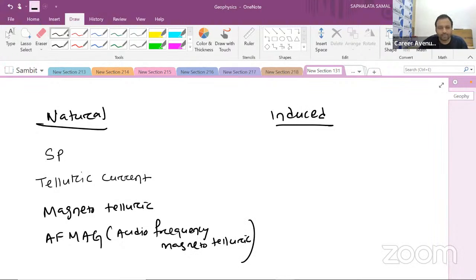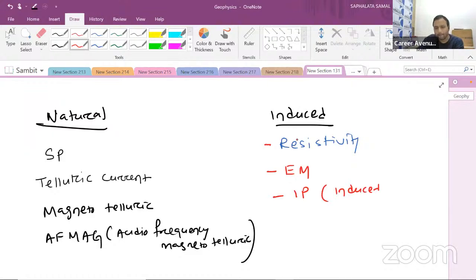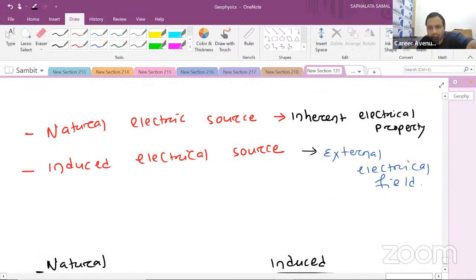In the induced, we use the resistivity method, the electromagnetic method, and the IP method, induced polarization method.